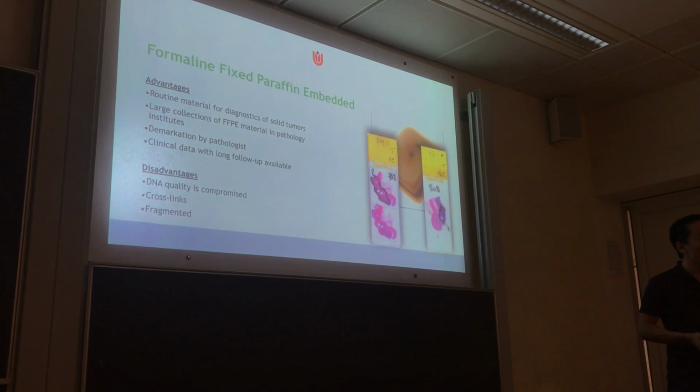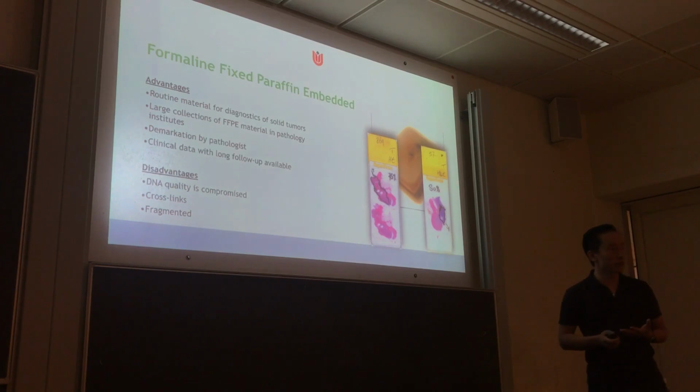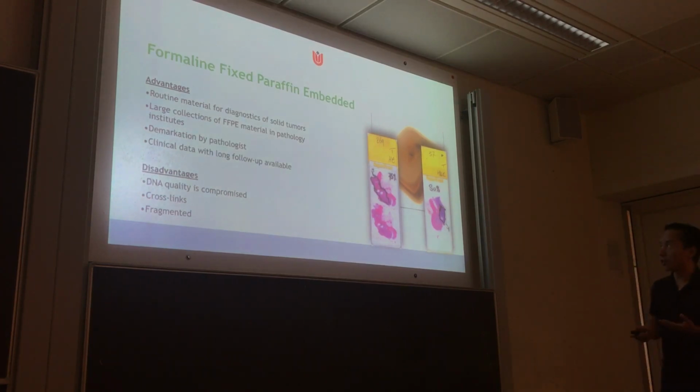We also know what kind of treatment they have received at that time. So putting all things together, we can actually try and figure out what is the most effective treatment and what is actually the content of the copy number aberrations within those patients. So in that respect, you can imagine that it's a very valuable resource to do research on.